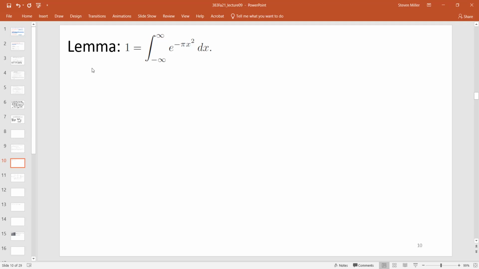So what I'm going to do is let I be the integral from -infinity to infinity of e to the negative x squared over 2 dx. More generally, you could do e to the negative a x squared. I'm going to just do e to the negative x squared over 2. I will leave the generalizations to you.